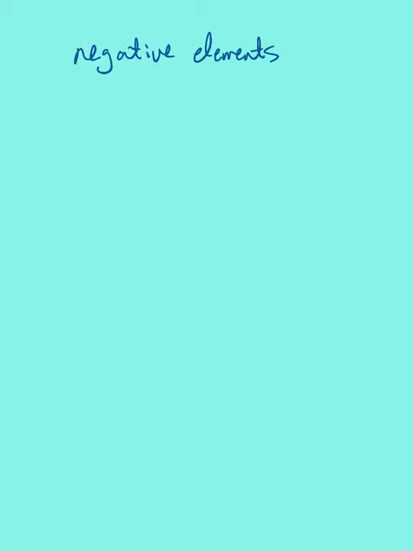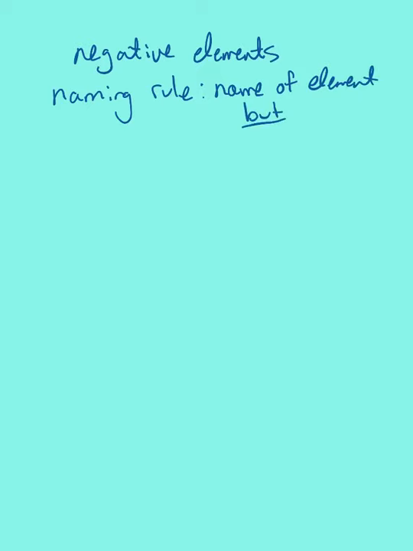The naming rule for these is the name of the element, but with an "-ide" ending. So you'll kind of take the stem. For example, chloride. We don't call the ion chlorine, we call it chloride.